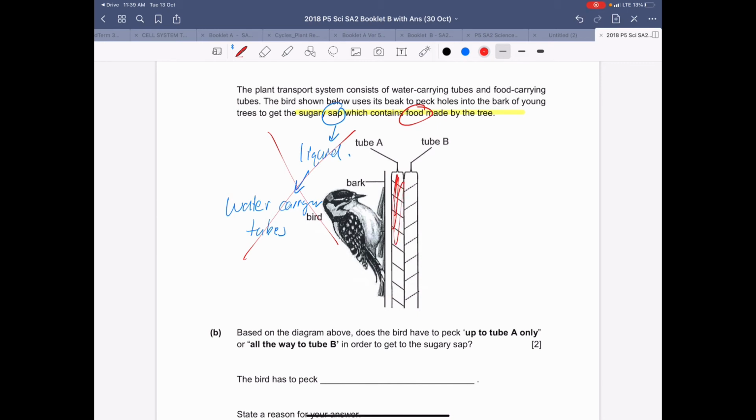A lot of students like to say, oh, paper is an insulator. No, insulator of what? Insulator of electricity, insulator of so many other things. So just by saying insulator alone will not give you the mark later on. You have to tell me insulator of electricity.